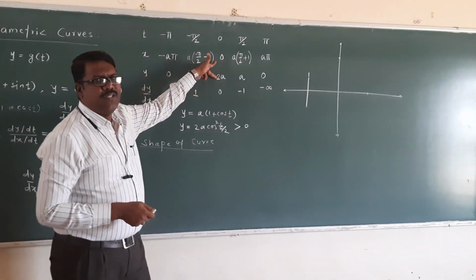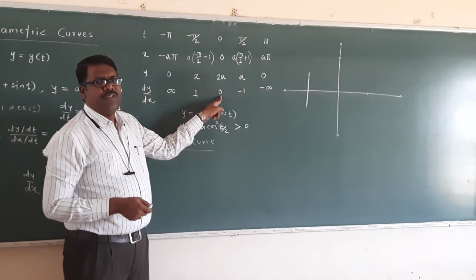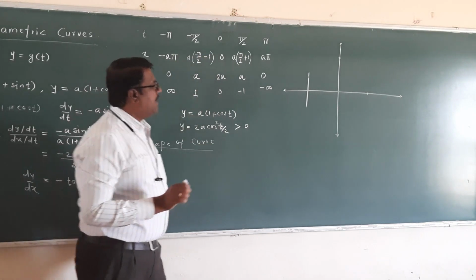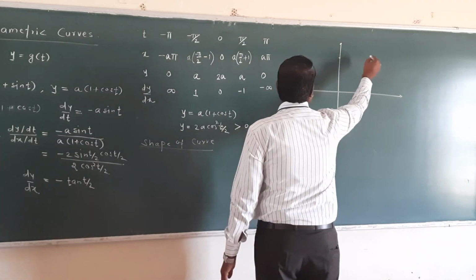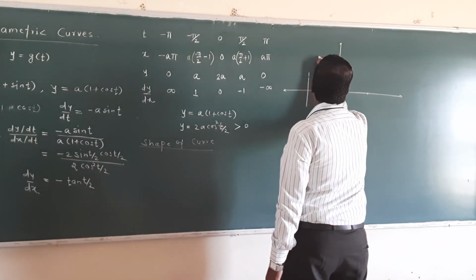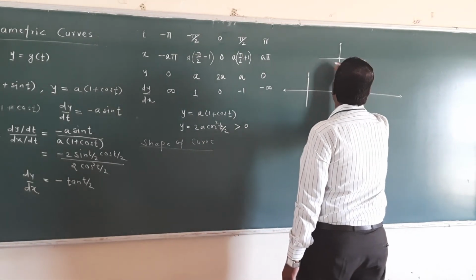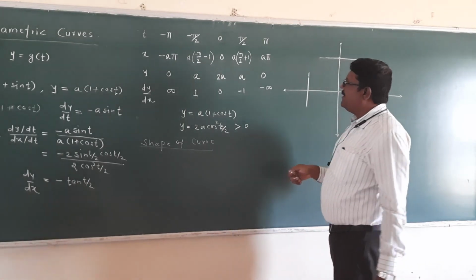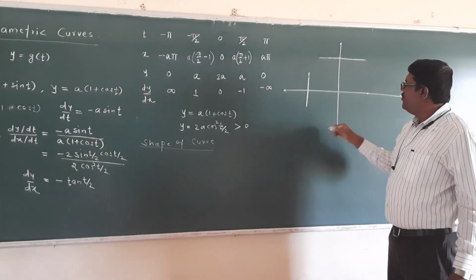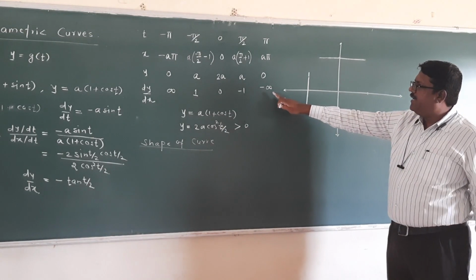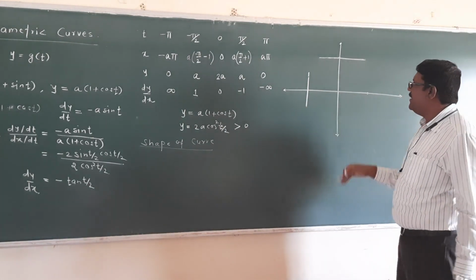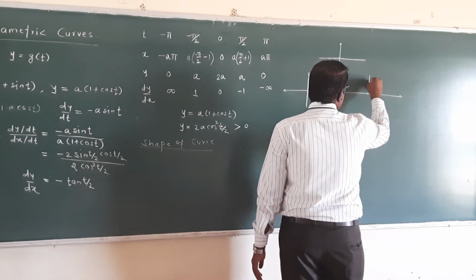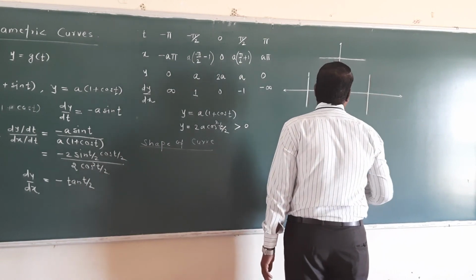At this point dy by dx is 0, which means the tangent is parallel to the x-axis, so this line is the tangent passing through this point. The last point is a pi, 0. At this point again dy by dx is minus infinity, so the tangent is parallel to the y-axis. So this will be the tangent.